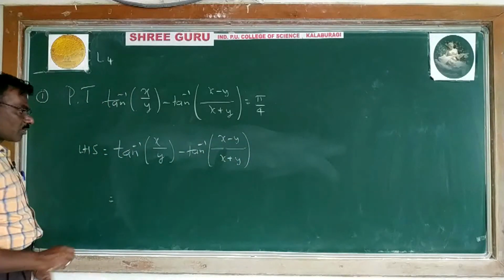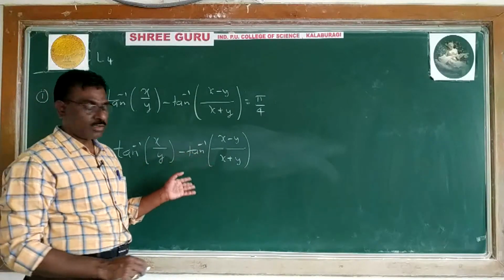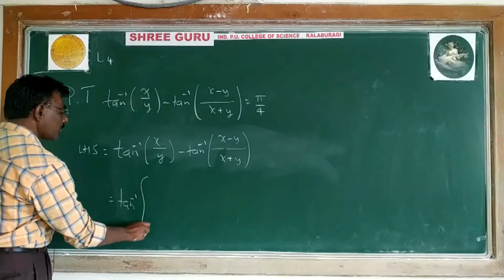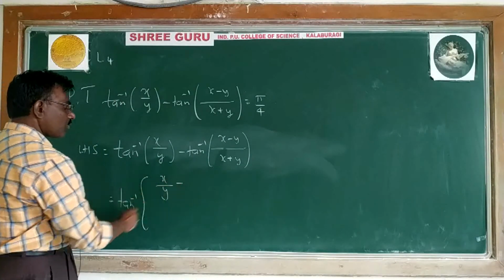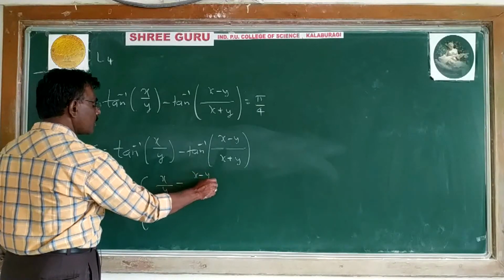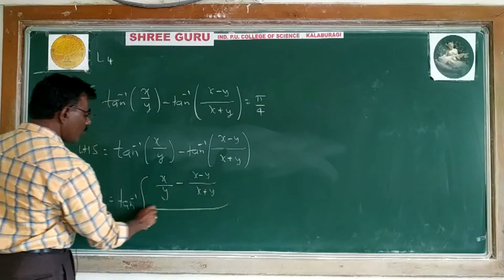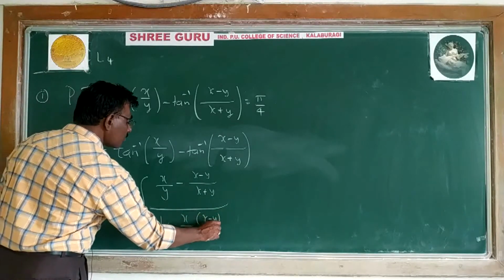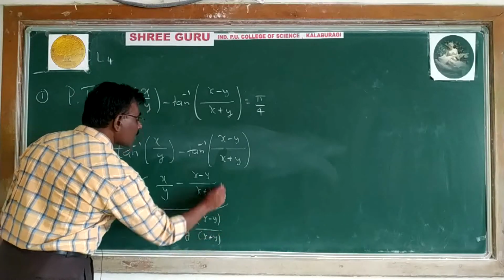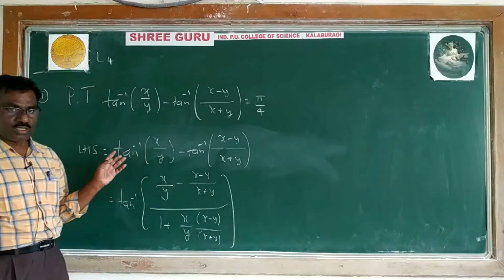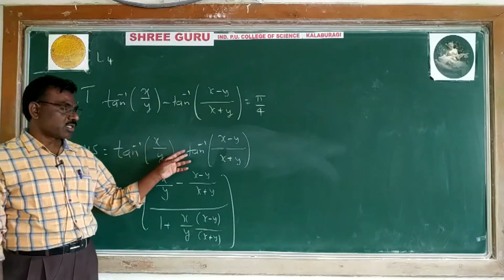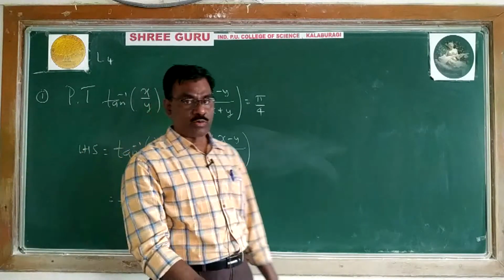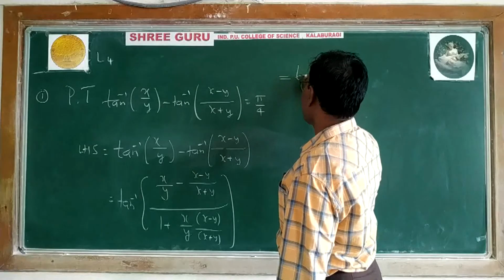Better we go to the direct formula, tan inverse of x minus tan inverse of y. So tan inverse of x by y minus (x minus y) by (x plus y), divided by 1 plus x by y into (x minus y) by (x plus y). Okay? Using the property, tan inverse of x minus tan inverse of y equals tan inverse of (x minus y) by (1 plus xy).